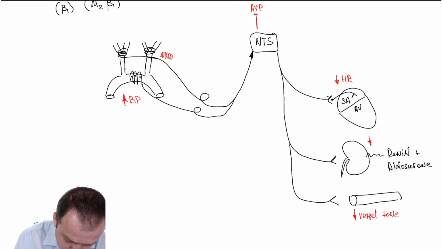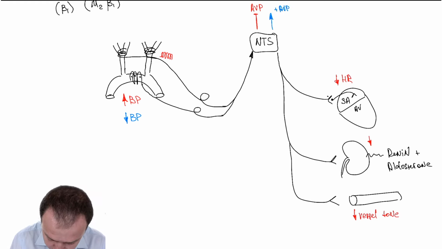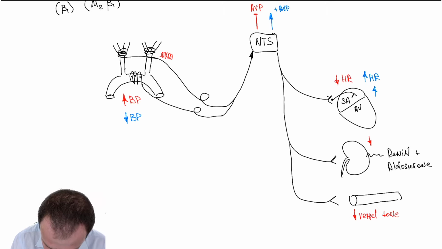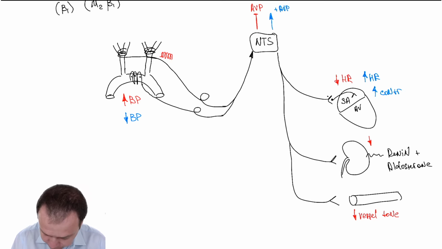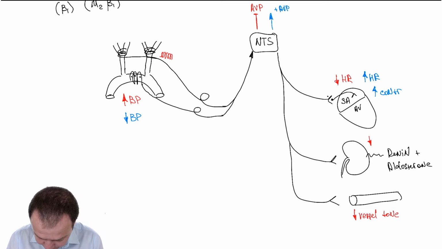As blood pressure goes down, we have stimulation and releasing of arginine vasopressin. Heart rate is going up, contractility going up, and stroke volume finally going up, right?